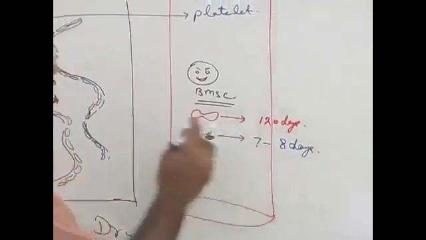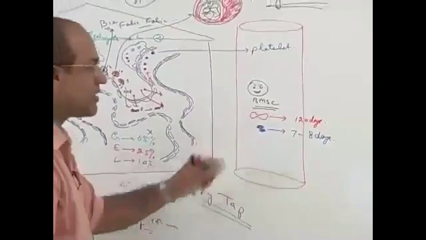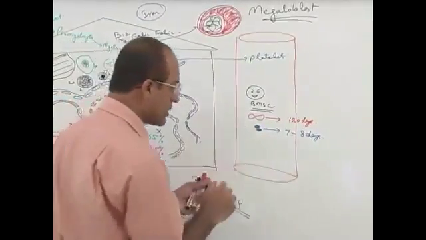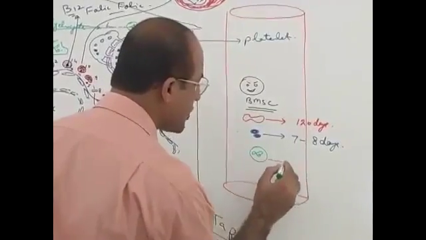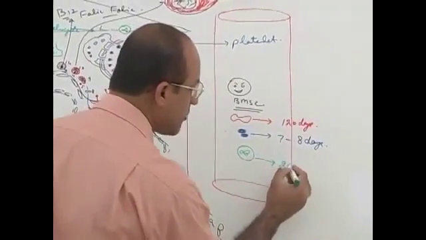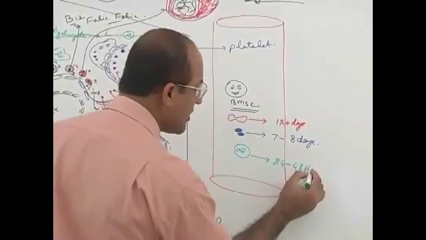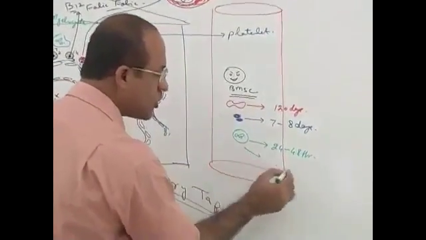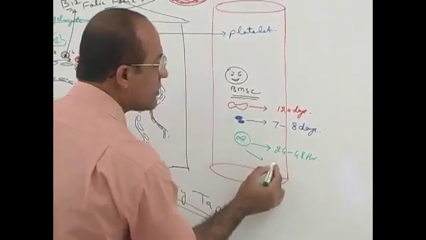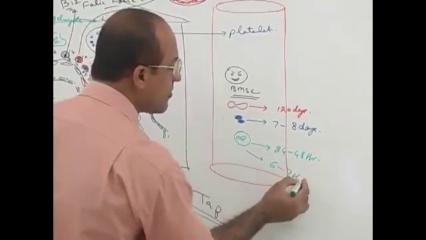So you can say RBCs live for months. Platelets live for 1 week or days. And then we come to the neutrophil. Neutrophils have a very short lifespan. They live only for 24 to 48 hours in circulation. And if neutrophils are really fighting during the inflammatory process, their life is reduced to 6 to 7 hours, right?